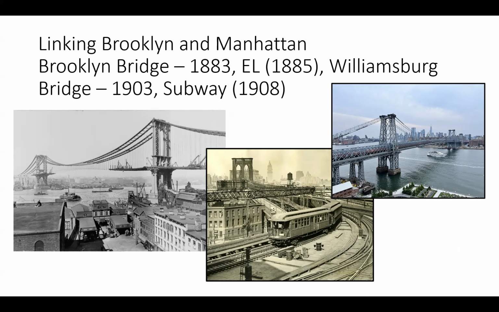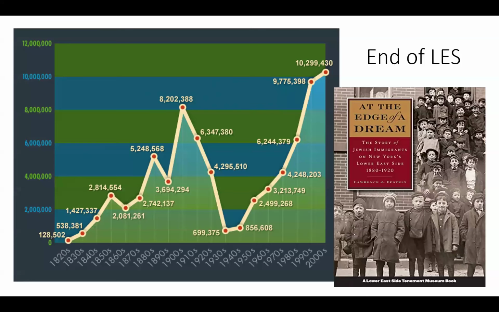And the underground subway system surged across the bridges and into the heart of Brooklyn. The picture in the middle shows the subway crossing the Brooklyn Bridge, and then in Brooklyn, in many sections, becoming an elevated train. So Brooklyn gradually started merging with Manhattan.